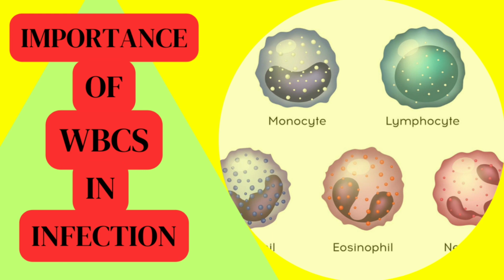I shall be taking you on the topic, importance of WBC in infection. WBC is what we call white blood cells or leukocytes. They are present in every ounce of blood that you bring out. But the red blood cells are known because the blood itself is red, and what makes it red are the red blood cells.